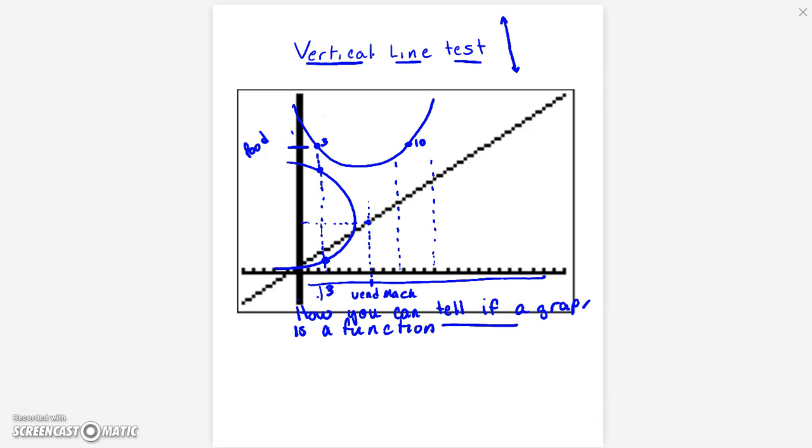And you can use it. We use it all the way forever, however far up in math you go. You will use it next year. You will use it the year after that. You use it in calculus. You will use it for as many math classes as you take. So this is maybe the first time that you've heard of this, maybe not. But from now on, vertical line test to tell if a graph is a function.